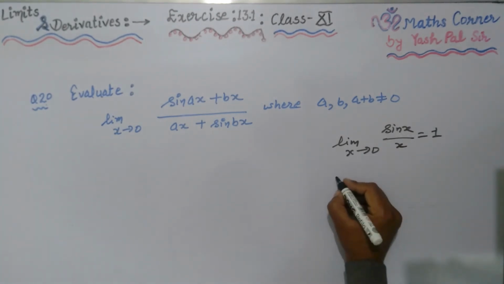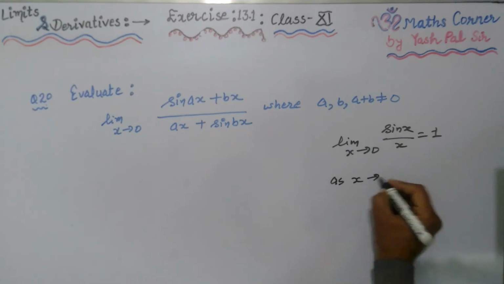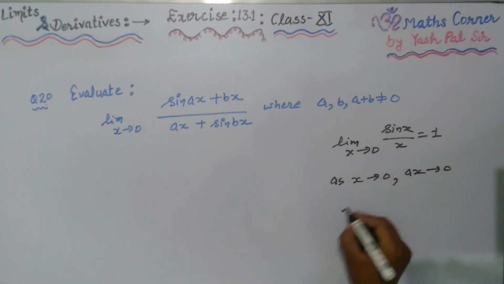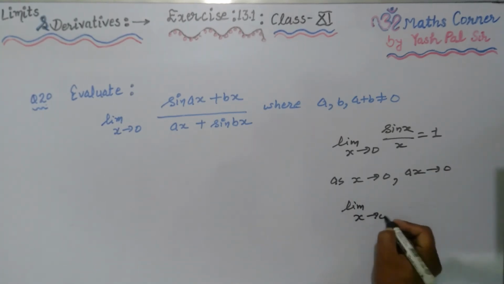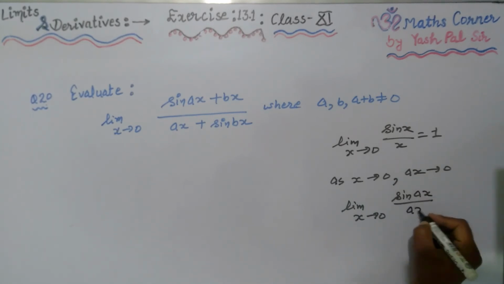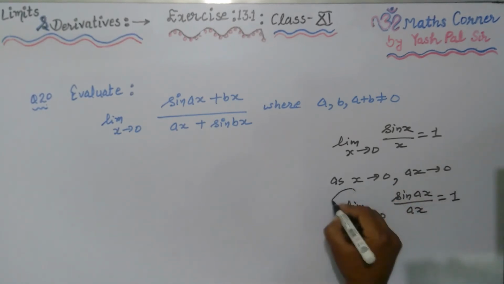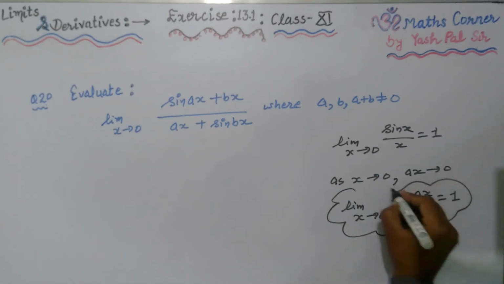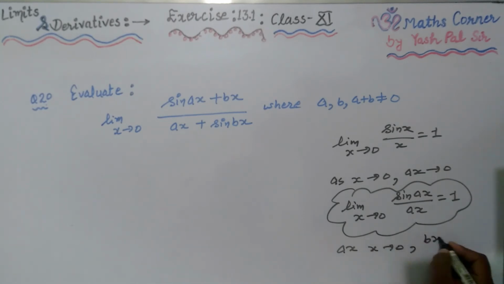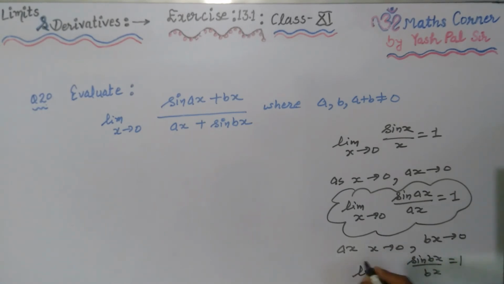As x approaches 0, ax also approaches 0, so limit x approaches 0 of sin of ax upon ax will also be equal to 1. Similarly, as x approaches 0, bx also approaches 0, so limit x approaches 0 of sine of bx divided by bx is also equal to 1.